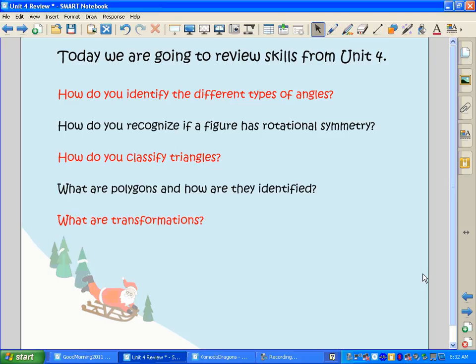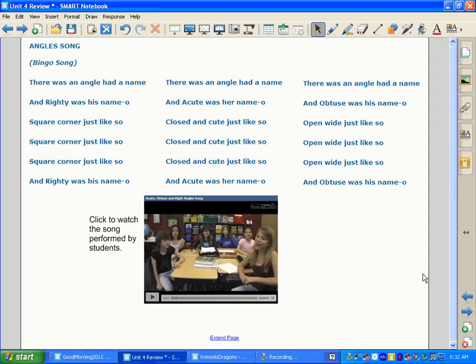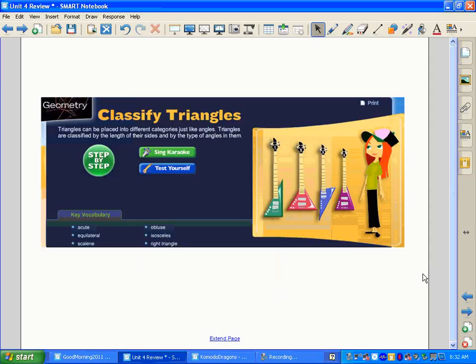Like acute, obtuse, right, scalene, isosceles, equilateral. Alright. So we watched the Angles song. And we watched the classified triangles. And you guys should be able to do this one.